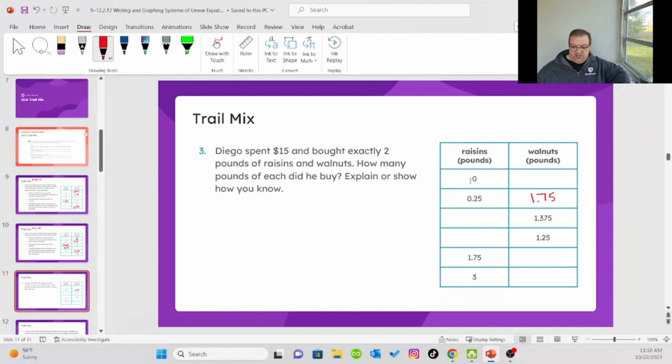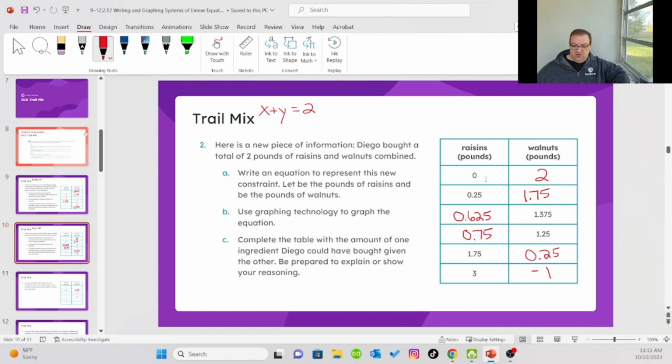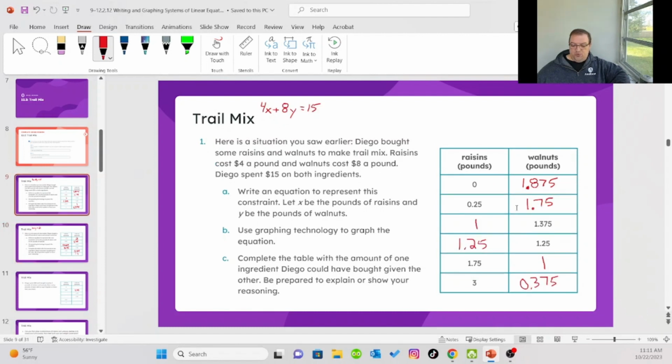Because if I try to look at 0, my walnuts are 1.875, but when I look at 0 here, it's 2. At 0.25, it's 1.75, and it's 1.75. They match.